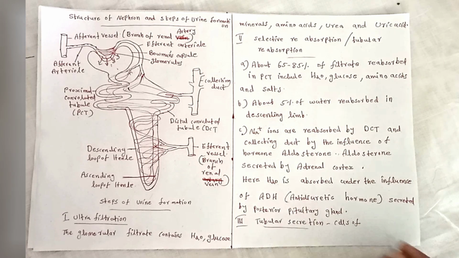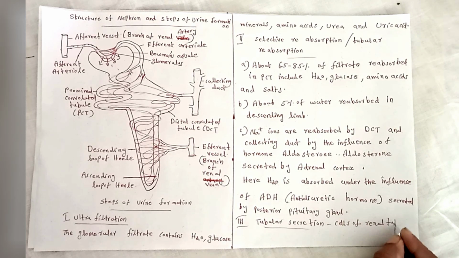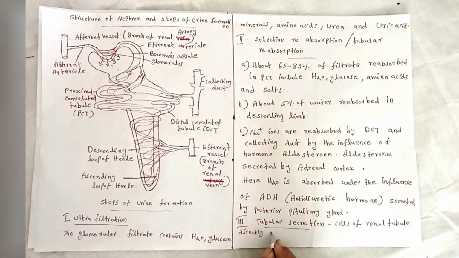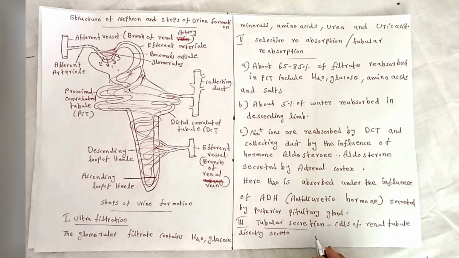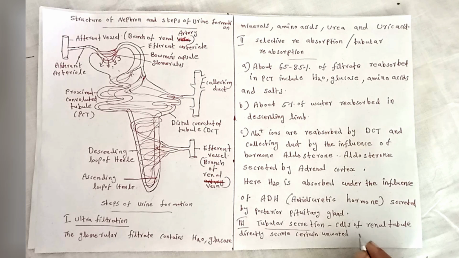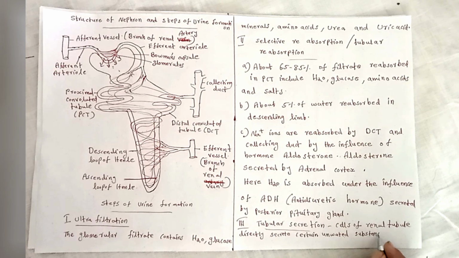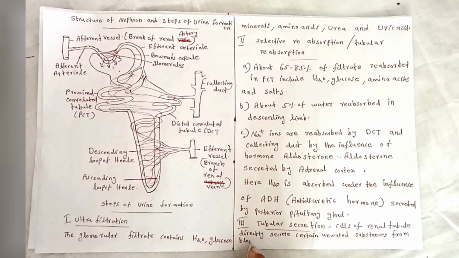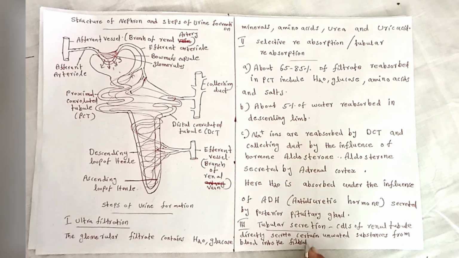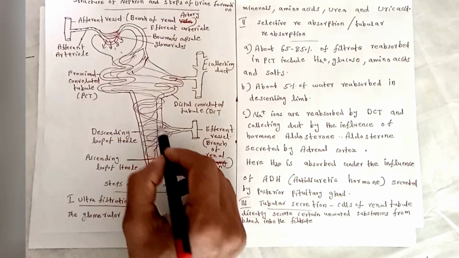Cells of the renal tubule directly secrete certain unwanted substances from blood into the filtrate that passes through this tube.